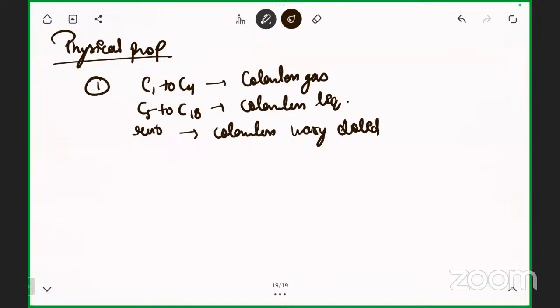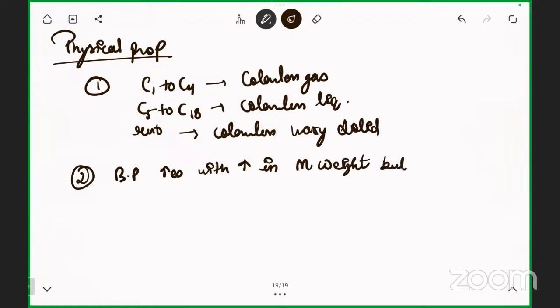Next thing to remember is that boiling point increases with increase in molecular weight, but decreases on branching.